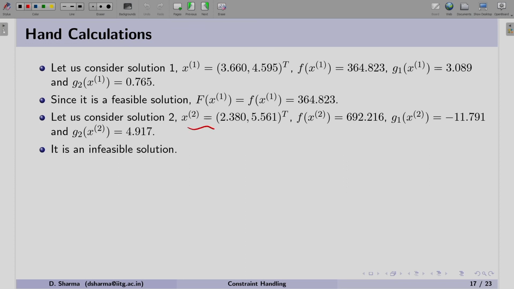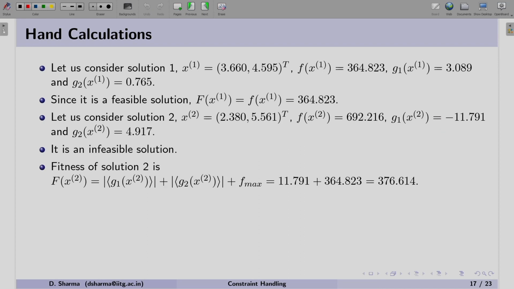For solution number 2, we know that the constraint g1 is not satisfied, meaning that solution 2 is infeasible. So, by using the formula given by Deb's approach, we have the constraint violation and then we add the F max value. Since only one constraint is not satisfied, we take the positive value and the worst F max value. So, we get the fitness here.